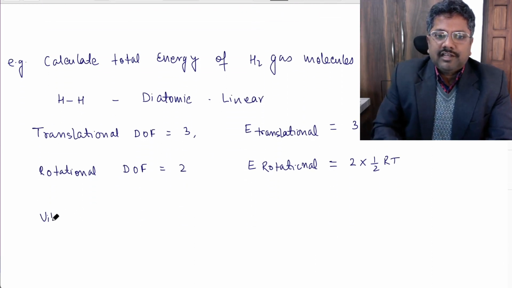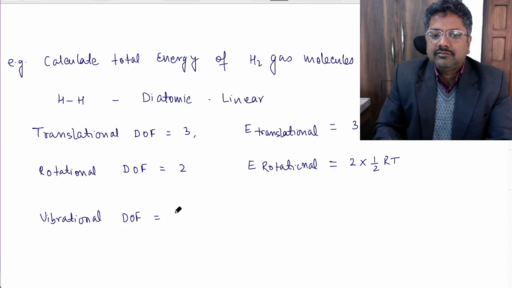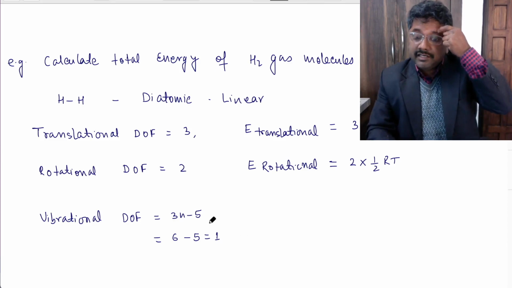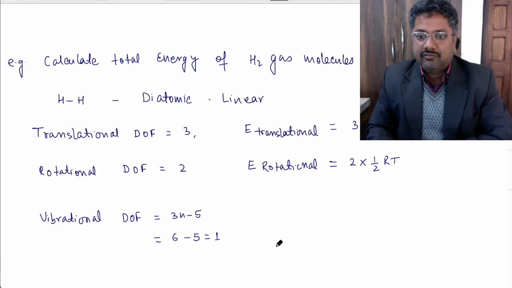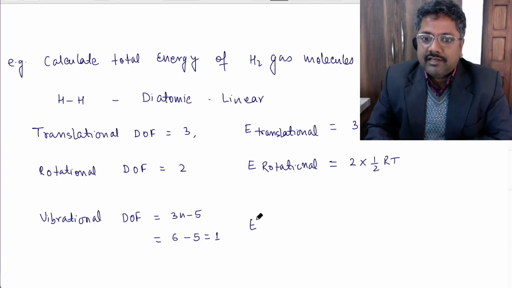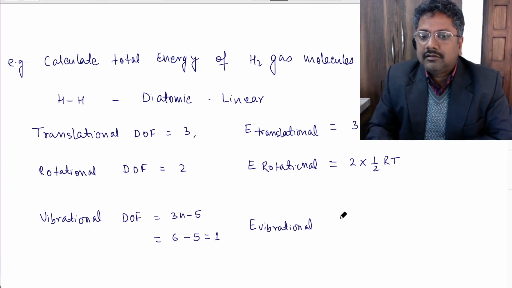And vibrational degree of freedom is equal to 3n minus 5, that is 6 minus 5 is equal to 1, right? So E vibrational is equal to 1 into RT.